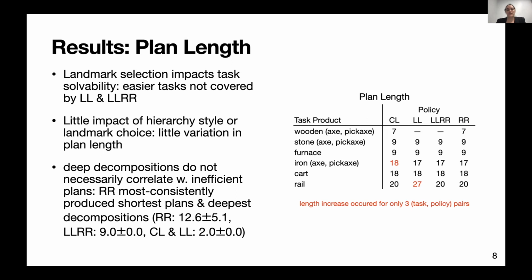So we infer that there's little impact of hierarchy style or landmark choice on plan length. And also note that the RR policy, which had the deepest decompositions, didn't necessarily produce inefficient plans. It's arguably the best policy from the perspective of plan length, because it both solves all the problems and also doesn't have any upticks in the number of actions needed to complete the task the way CL does.